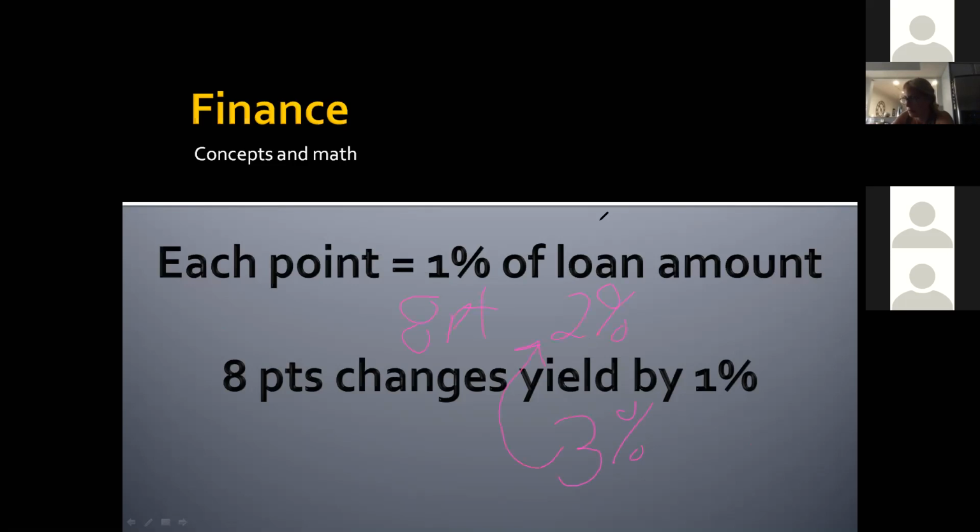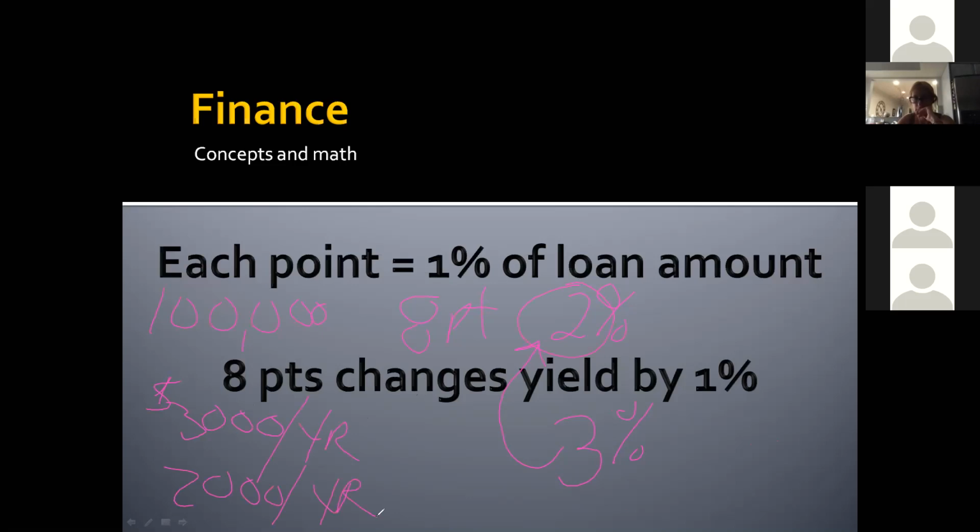Now, why would you do that? So let's say you were borrowing $100,000, and let's say you were paying 3%. That means you would pay $3,000 of interest a year. We're talking about interest only now. If you borrowed the same $100,000 at 2%, you'd be paying $2,000 a year in interest.